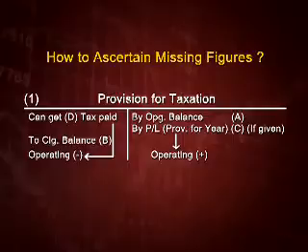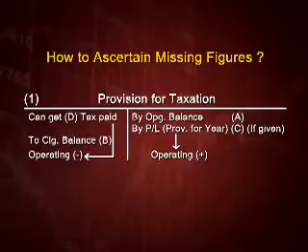Please see, provision for taxation, opening balance on the credit side A and closing balance on the debit side B. If we are given provision for the year, that will be written on the credit side by profit and loss account, that is provision for the year, C part, and then we will get D part, that is tax paid on the debit side as a balancing figure.